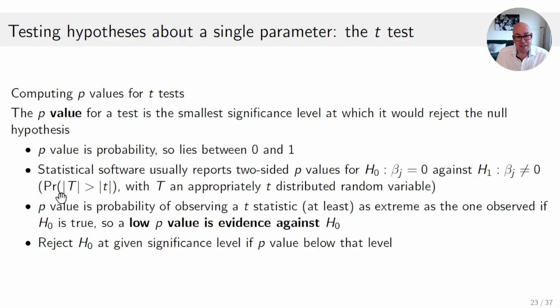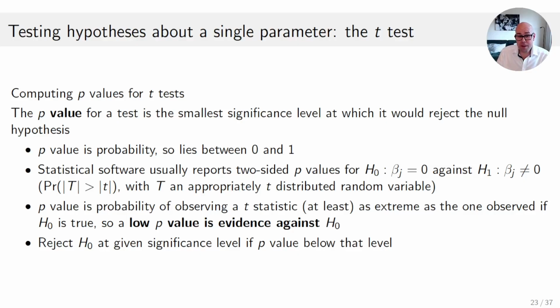So it will report the probability that the t distribution is bigger than the actual value that you find, and we have to find the appropriate distribution for this random variable t. And then again, the p-value is the probability of observing a t-statistic at least as extreme as the one observed if the null is true.